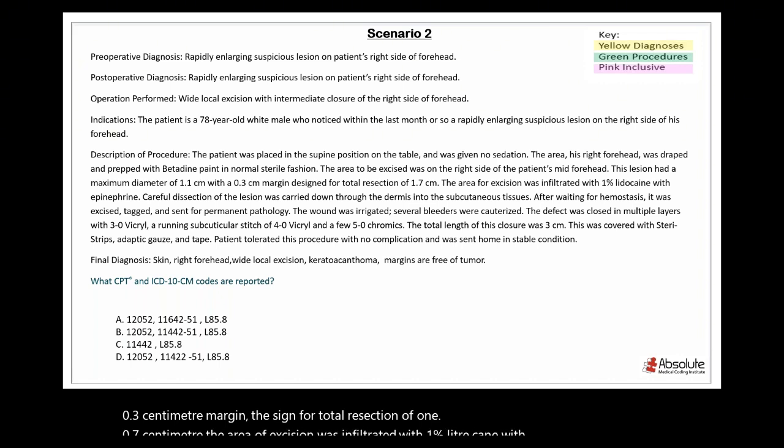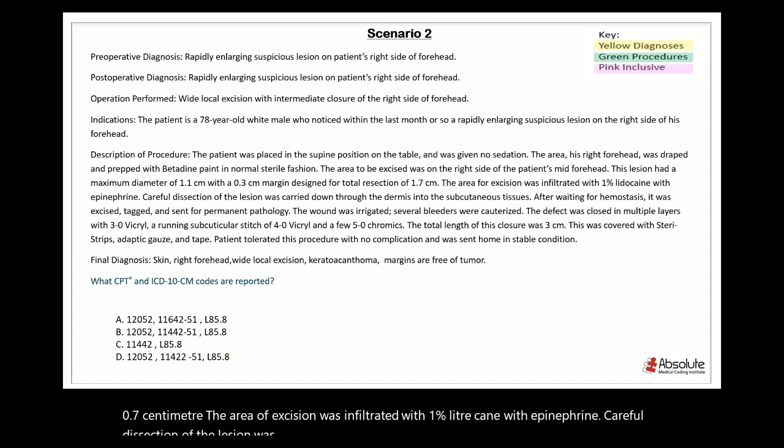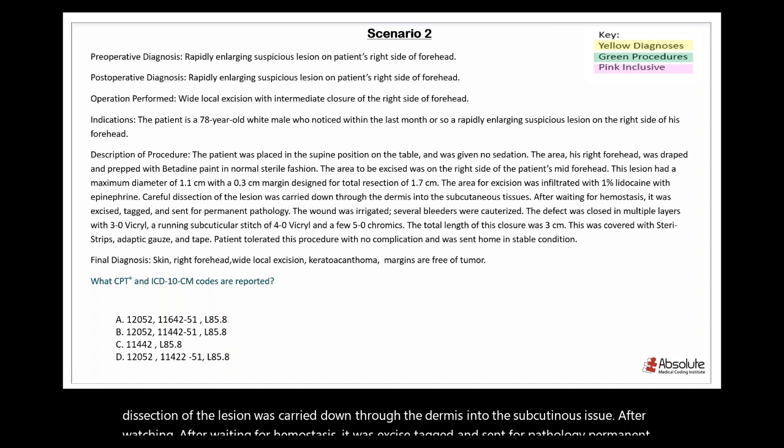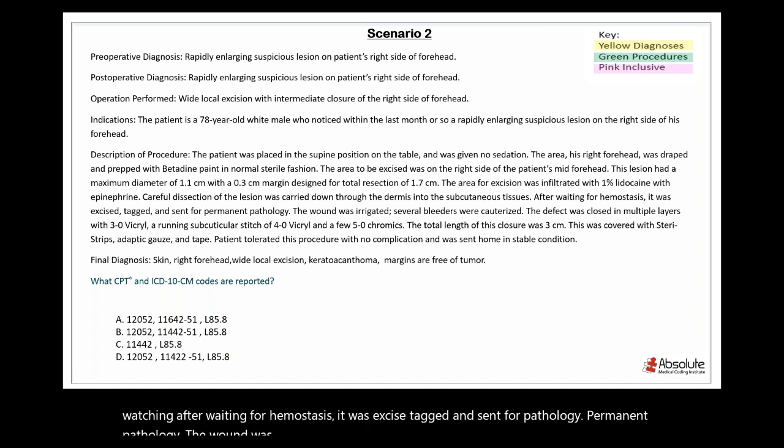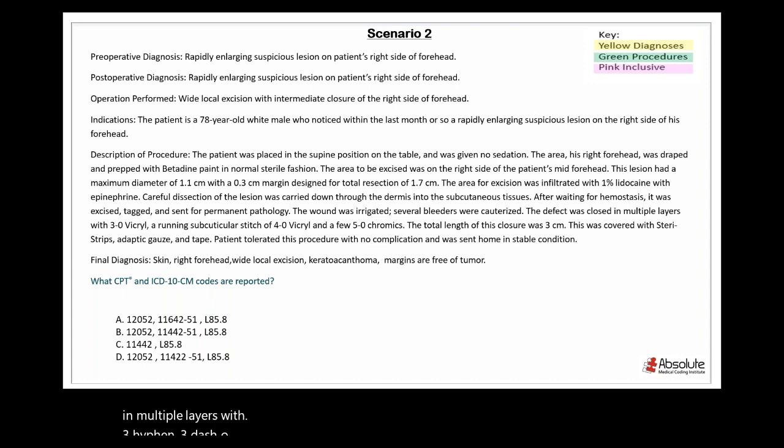Careful dissection of the lesion was carried down through the dermis into the subcutaneous tissue. After waiting for hemostasis, it was excised, tagged, and sent for permanent pathology. The wound was irrigated, several bleeders were cauterized. The defect was closed in multiple layers with 3-0 vicryl and a running subcuticular stitch of 4-0 vicryl and a few 5-0 chromics.